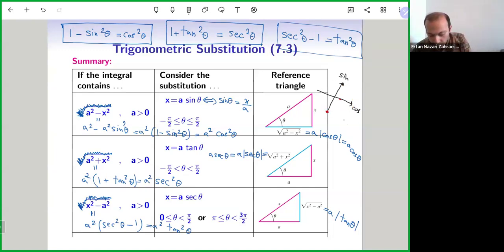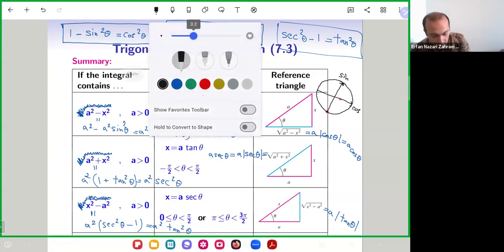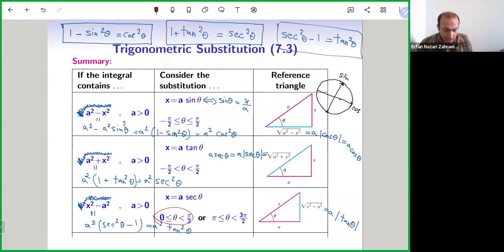And finally, for the last one, if I again create an empty unit circle, the domain is between 0 and pi over 2 and between pi and 3 pi over 2.